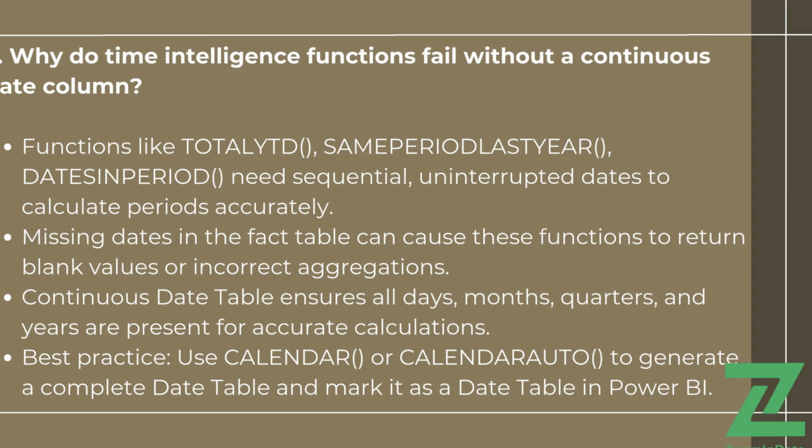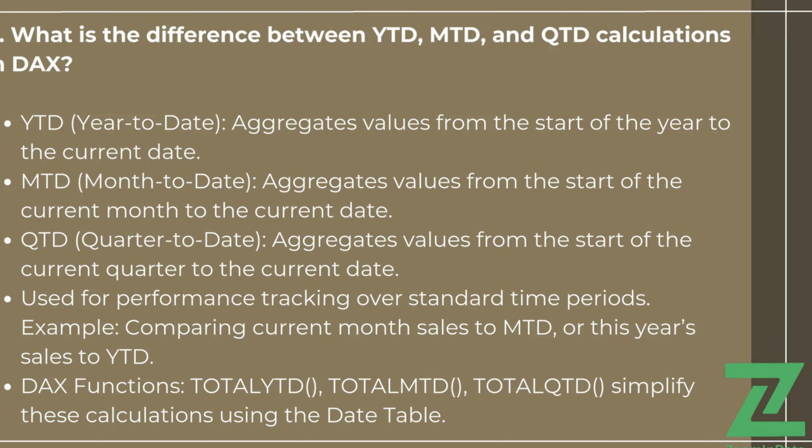A continuous date table ensures all days, months, quarters, and years are present for accurate calculations. Best practice: use Calendar or Calendar Auto to generate a complete date table and mark it as a date table in Power BI. Fourth question: what is the difference between YTD, MTD, and QTD calculations in DAX?